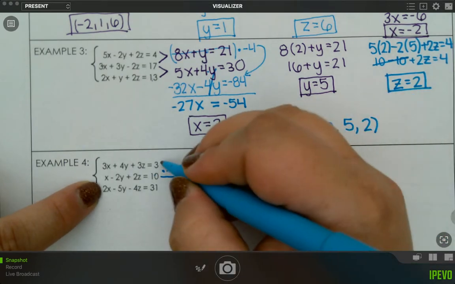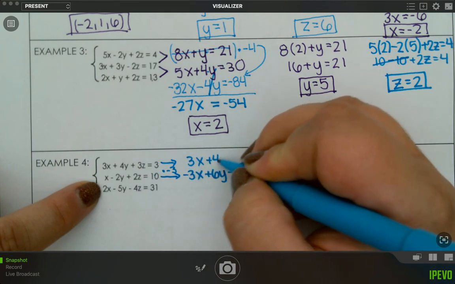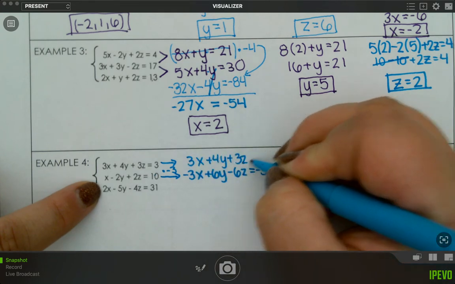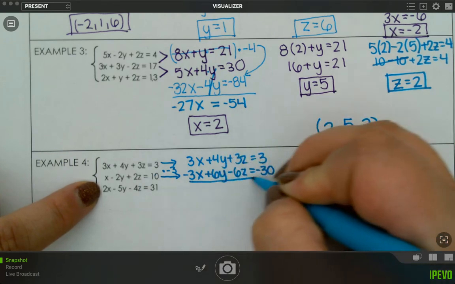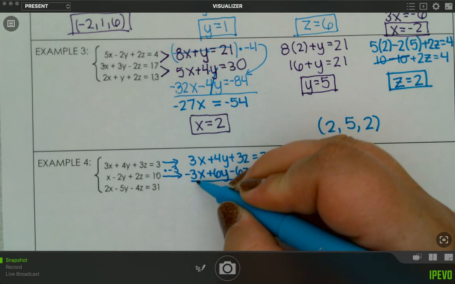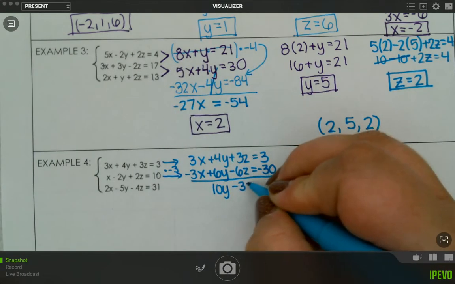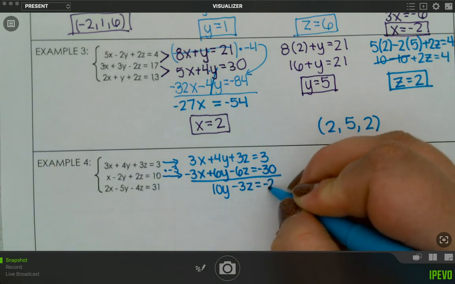And then I'm not going to change the top equation at all. And then I'm going to add them together. Those cancel, and I have 10y minus 3z equals negative 27.